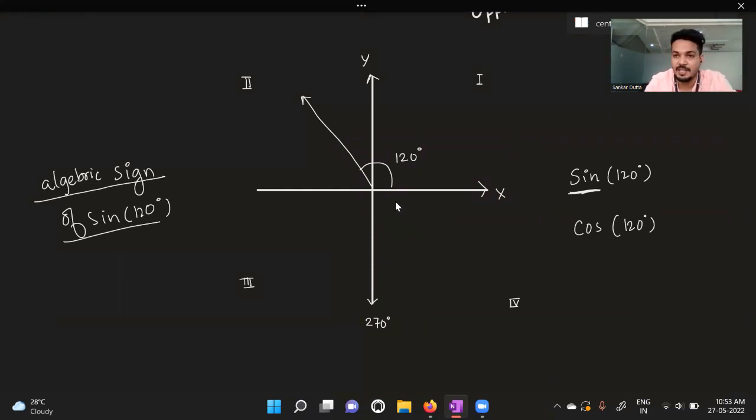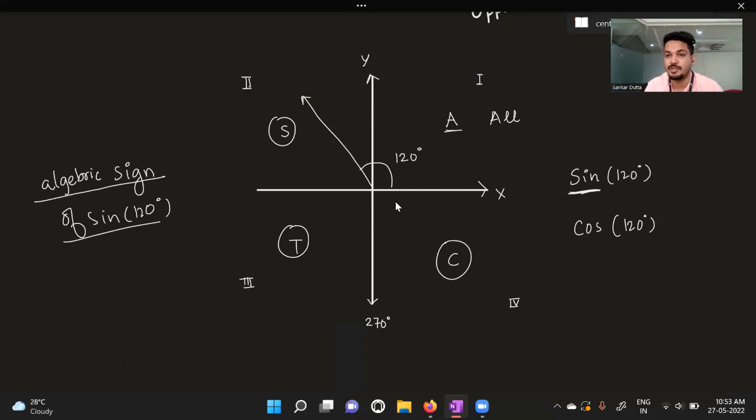So there is a mnemonic here: add sugar to coffee. ASTC, right? What this means is that A here stands for all trigonometric ratios in the first quadrant.